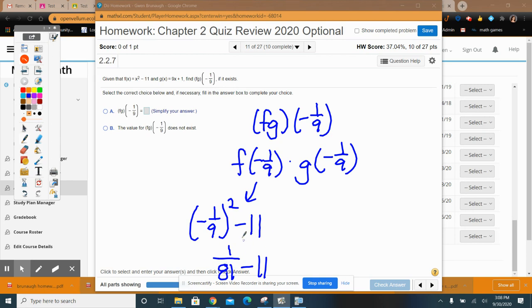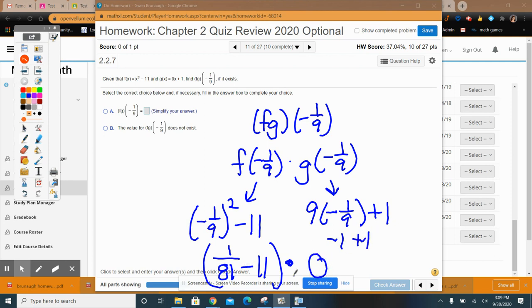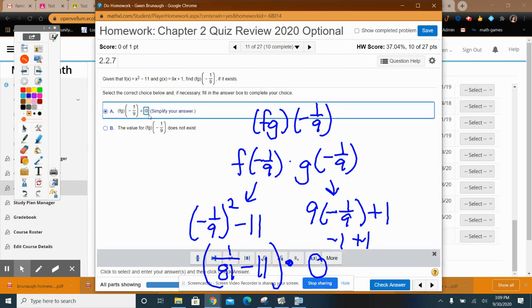And I don't have my calculator handy, so I'm just going to leave it there for a second. I'm going to take that times g of negative 1/9. Well, look what happens here. 9 times negative 1/9 plus 1. Those 9s cancel out, and I get a negative 1 plus 1. That gives me 0. What is anything times 0? It's just equal to 0.